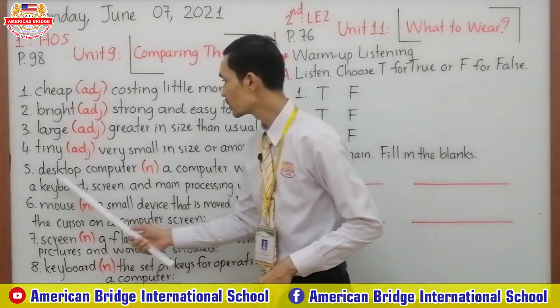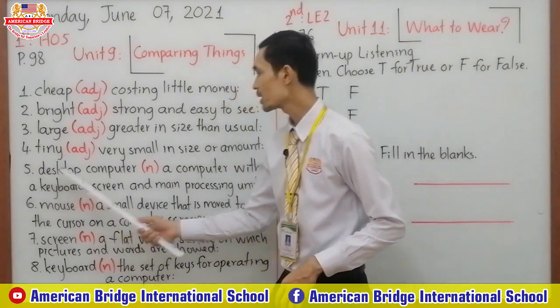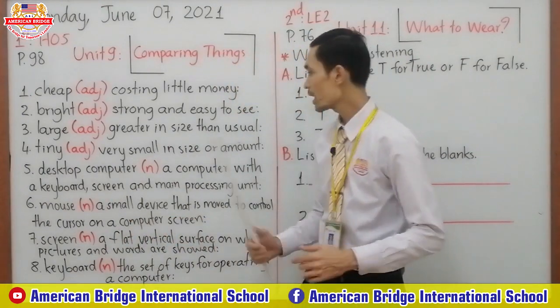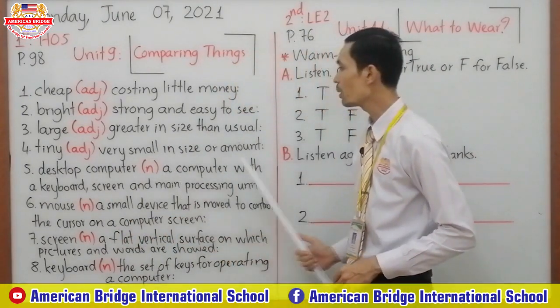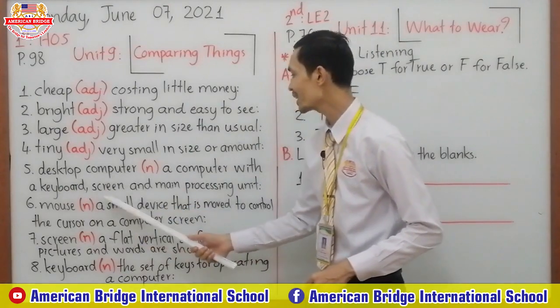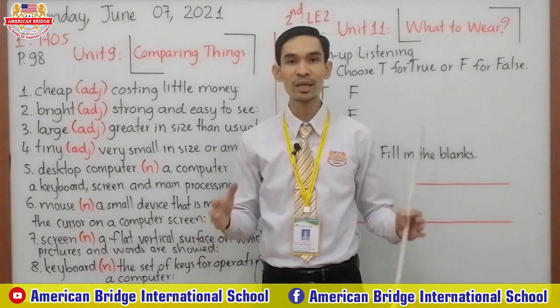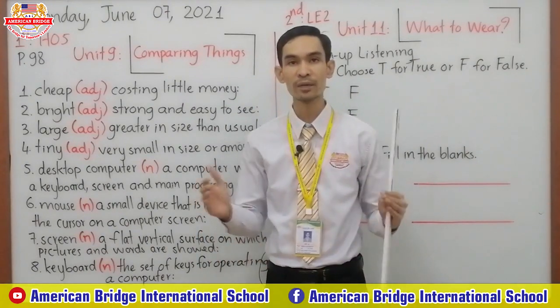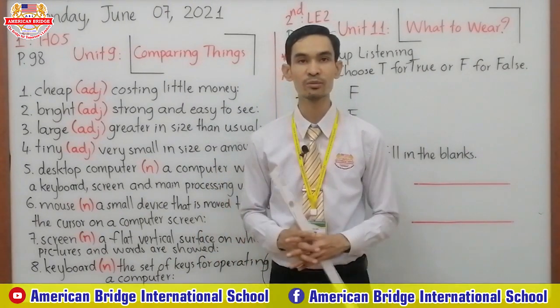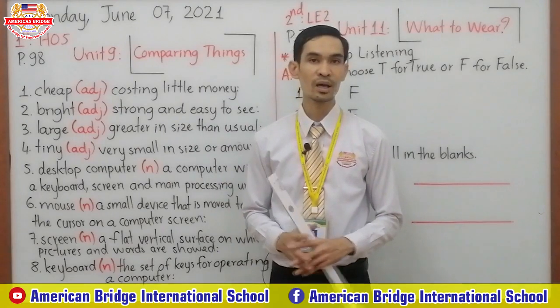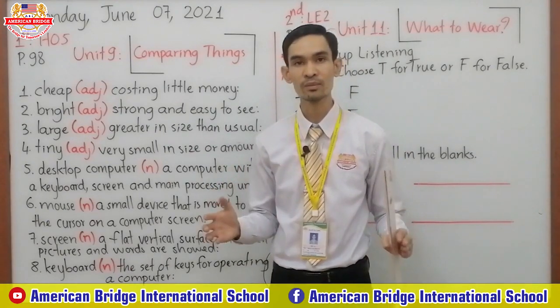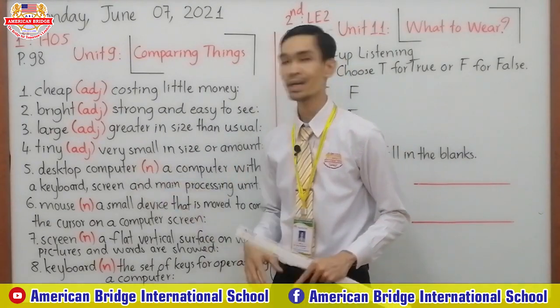Let's continue to number 5, desktop computer. Desktop computer means a computer with a keyboard, screen, and main processing unit. Okay, so maybe at home, you have a computer or a desktop computer. Some students have a laptop. But here we refer to a desktop computer.